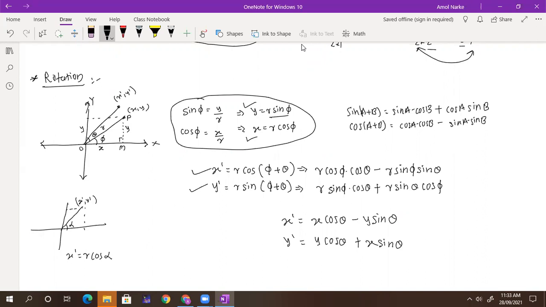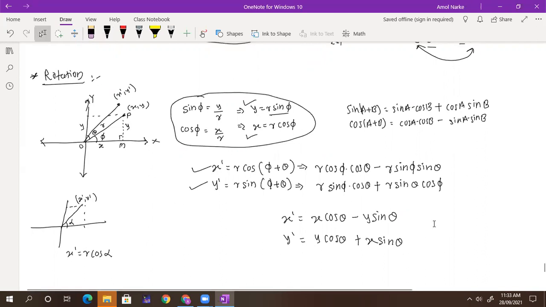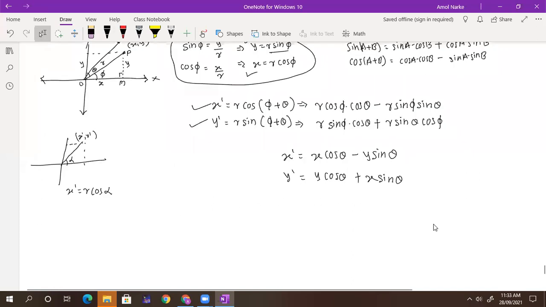Am I correct? Yes. So let's write x and y neatly. What I'm getting: x dash value is x cos theta minus y sin theta, and y dash value is x sin theta plus y cos theta.